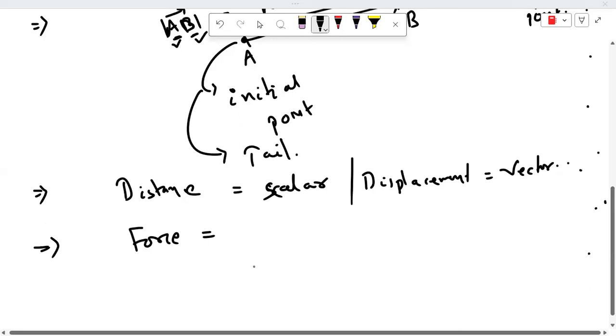Taha, what about you? Yes, force is a vector. Okay. Acceleration. Vector. Okay.